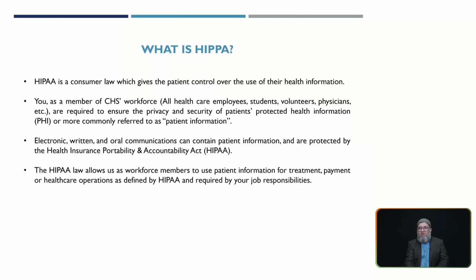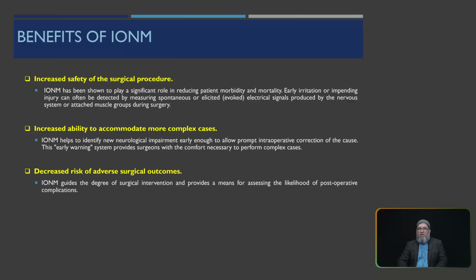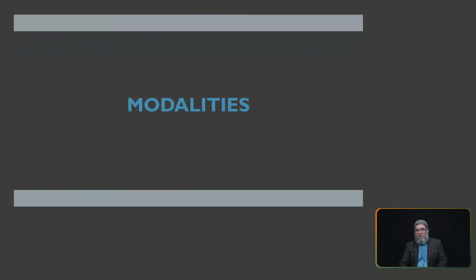Instead of referring a very complex case to another center because of the high risk of patient deficit, if you have neuromonitoring and you are confident with the team, you can accommodate those surgeries in your center. And third, decreased risk of adverse surgical outcomes.